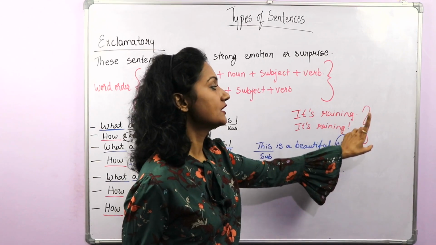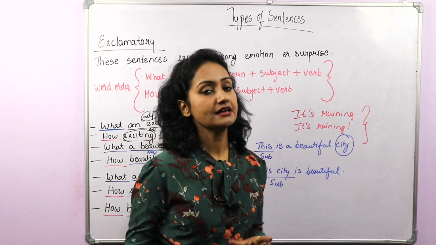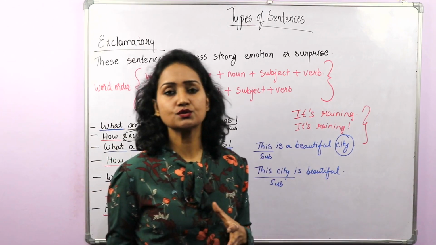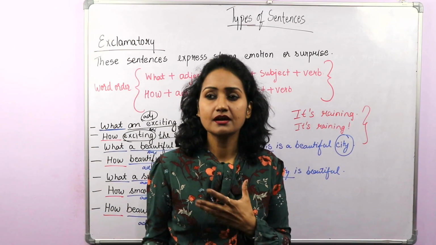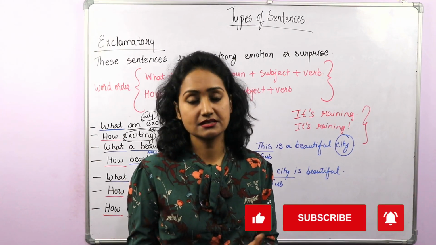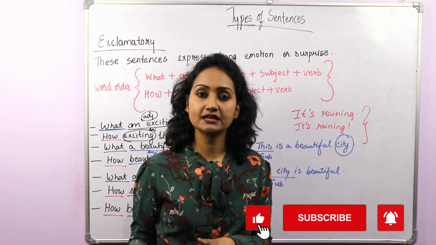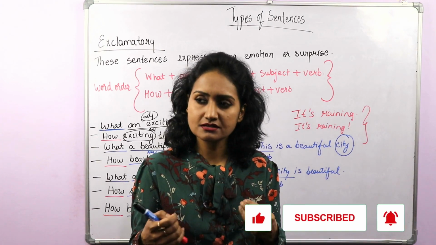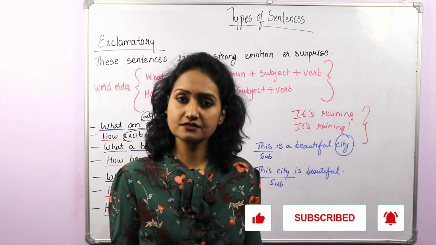Here we have a full stop and here we have an exclamation mark. Now here, just imagine that you live in a place where every day it rains, and you get up in the morning and it is raining. You say it's raining, so I can't go to work. So it's a simple statement, it's a declarative sentence.